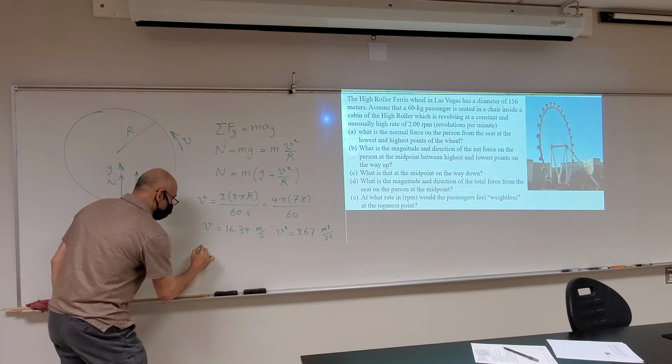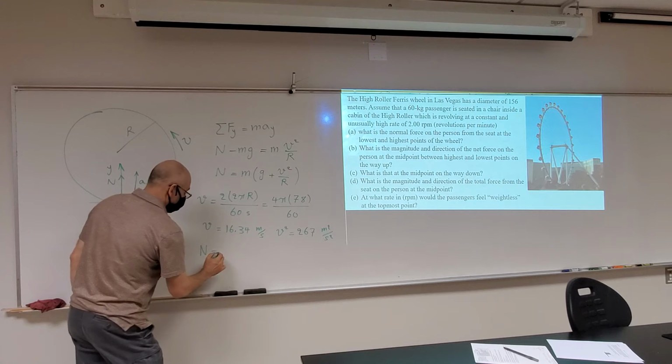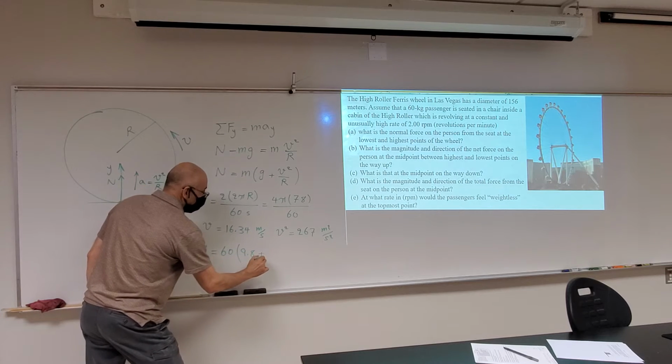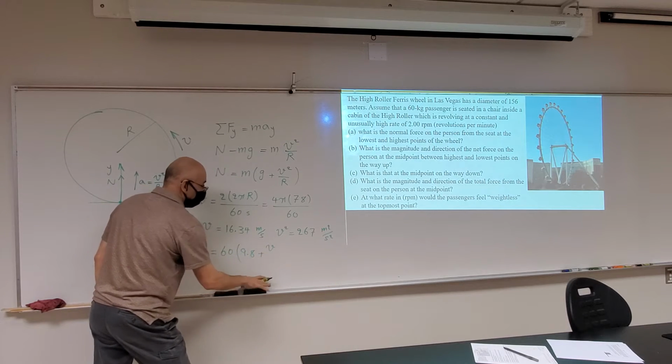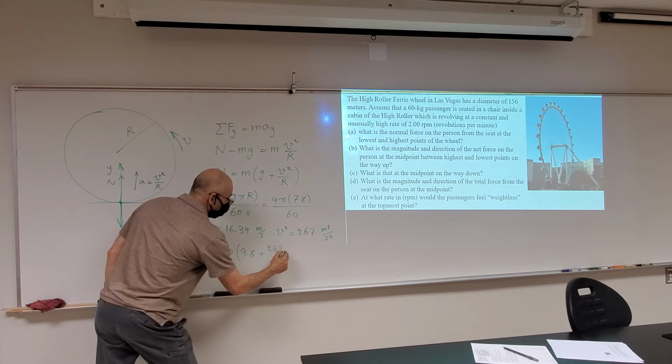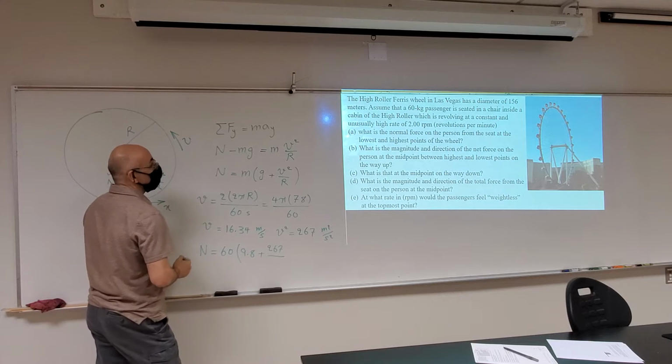So normal force is equal to 60 kilograms times 9.8 plus v squared. V squared is 267 divided by r, which is 78.